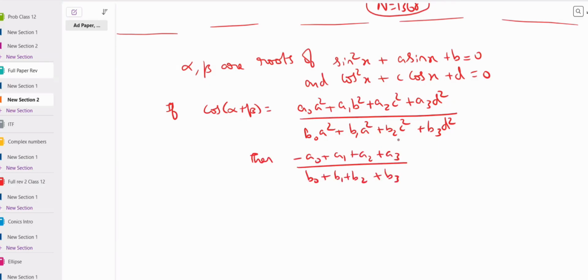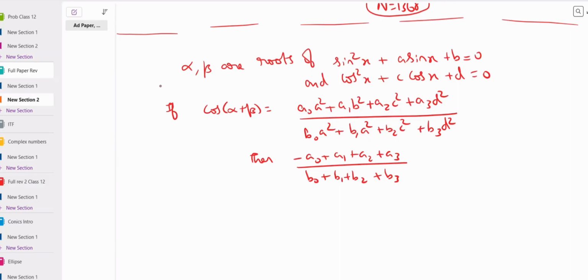Believe me, when such a question appears in advance, 99% of people leave this question. The reason is the number of variables being utilized. Alpha and beta are the roots of two quadratic expressions, which contain a, b, c, d and a variable x.